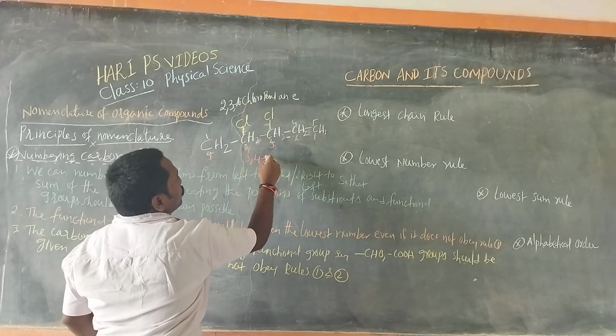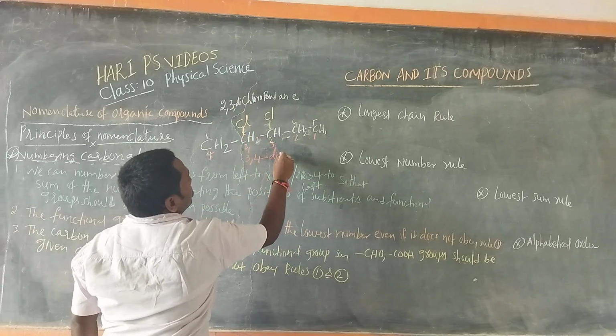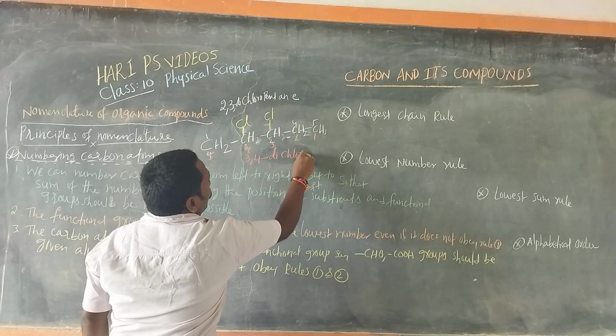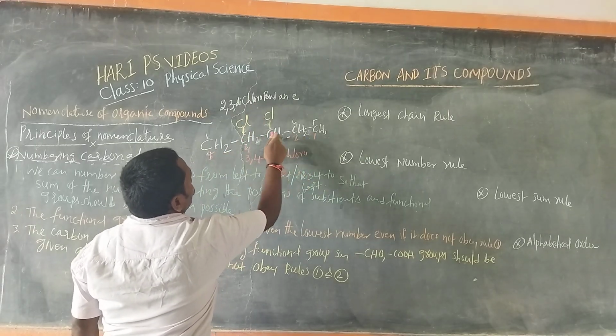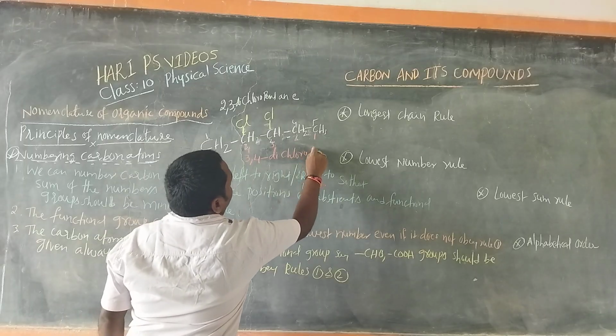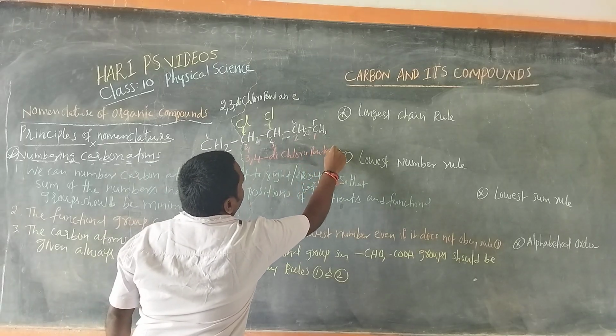How many are there? 2, di. What is the substituent? Chloro. How many carbon atoms? 1, 2, 3, 4, 5, pentane.